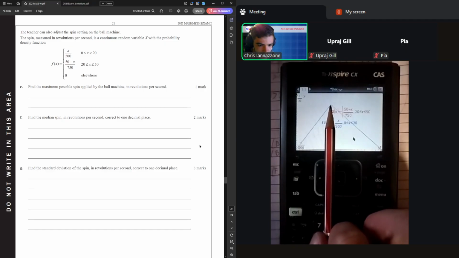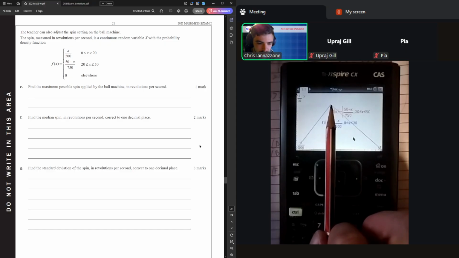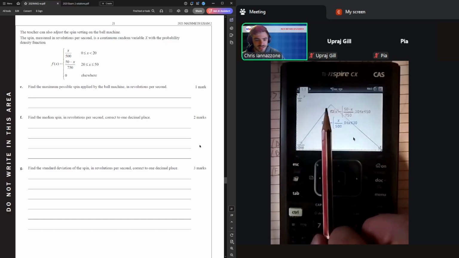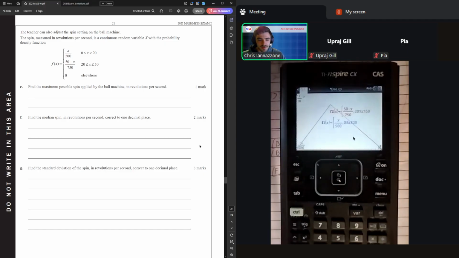If you imagine the relative proportion of area on both, it's skewed right ever so slightly. If you imagine the two triangle areas, the triangle on the right is definitely bigger than the triangle on the left. And so with that in mind, we can say with a lot of confidence that the median is going to occur on the second function, not on the first function.